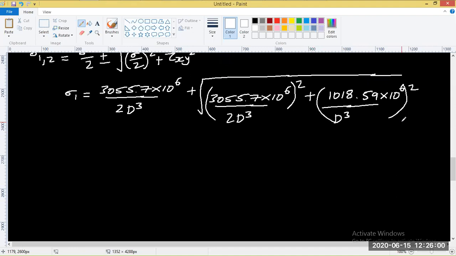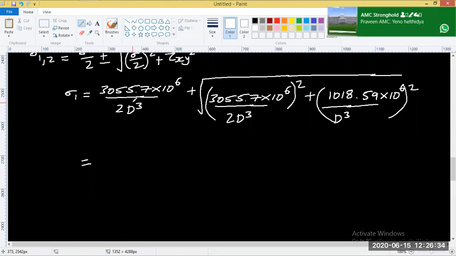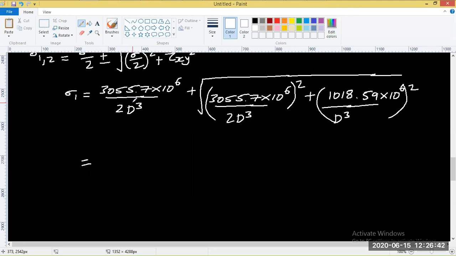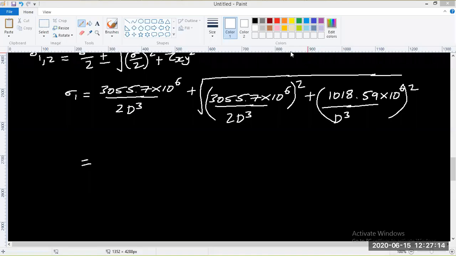Let's try to put this in order now. So just for sigma 1, let us consolidate. We can divide this by 2 first off. So it's 3055.7 E6 divided by 2. Let's find out the value. 3055.7 E6 over 2. We're getting somewhere.